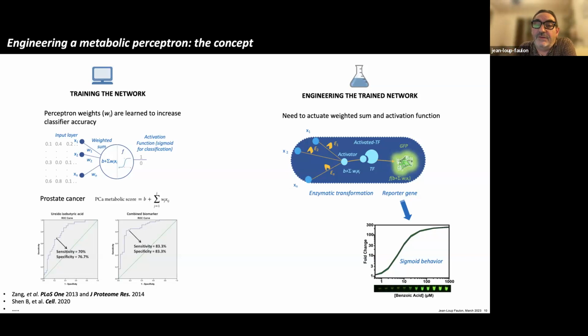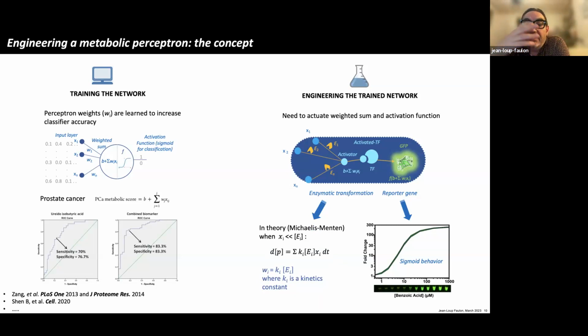So for the enzymatic transformation now, what we need to do is also a weighted sum. In order to do this, if we look at the theory according to Michaelis-Menten, the theory of enzymatic transformation, if the concentration of the biomarker you wish to detect is lower than the concentration of the enzyme that is going to transform your biomarker into an activator, which is generally the case because you are going to overexpress your enzymes, then the concentration of the product, so the activator here, is going to be the sum of the concentrations of the enzyme, some kinetic constant, and the concentration of the substrate, which in this case is the biomarker.